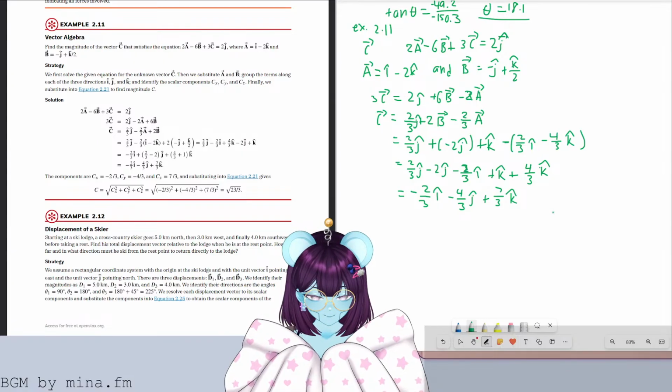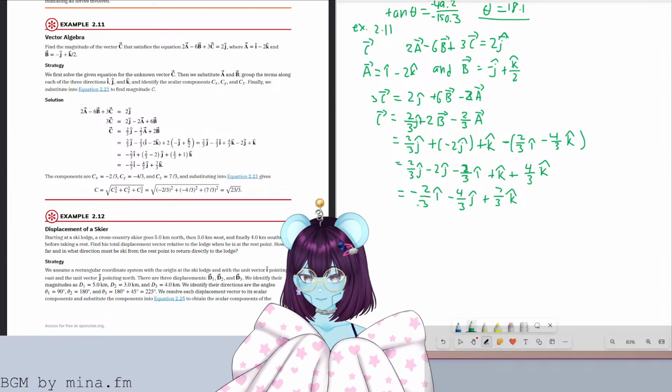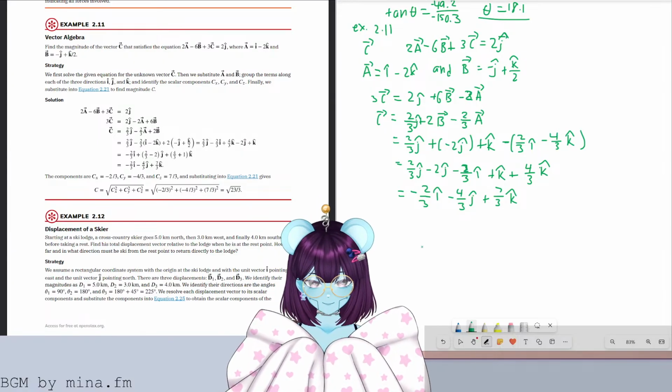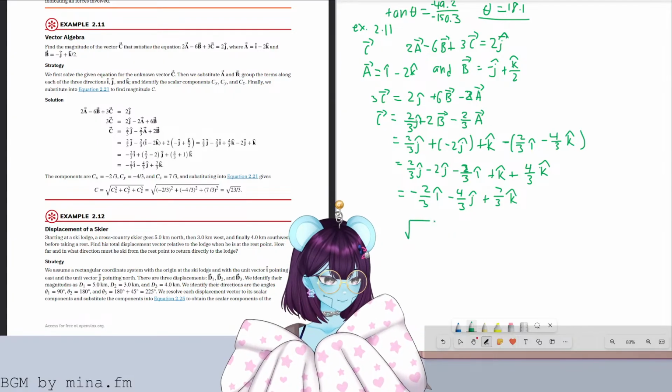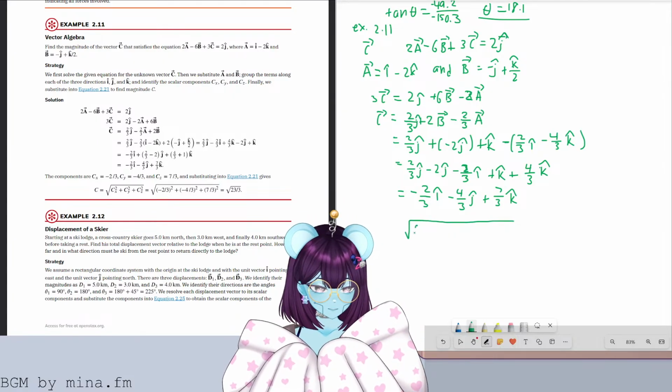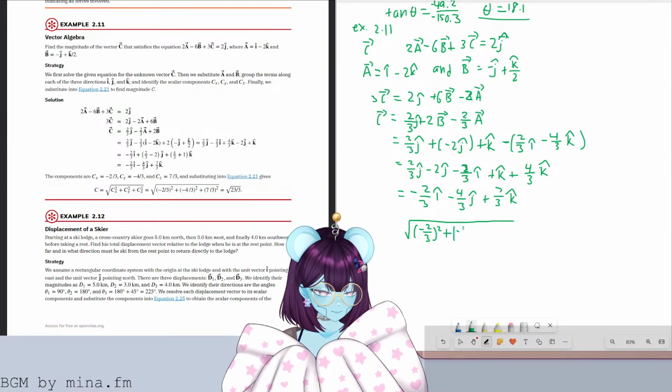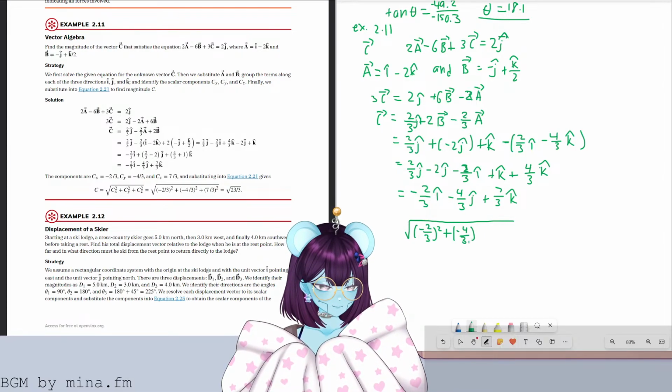And then from this, you want to get the magnitude. You just do the Pythagorean theorem again, twice this time. But when it's twice, you can just include it into the equation here.